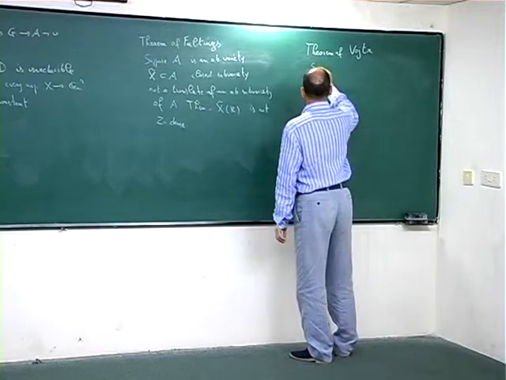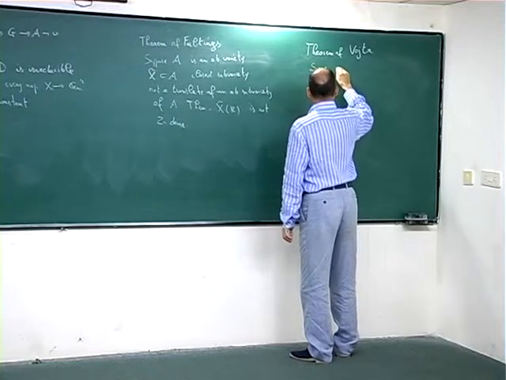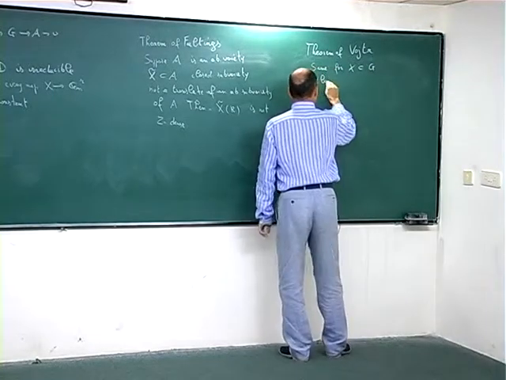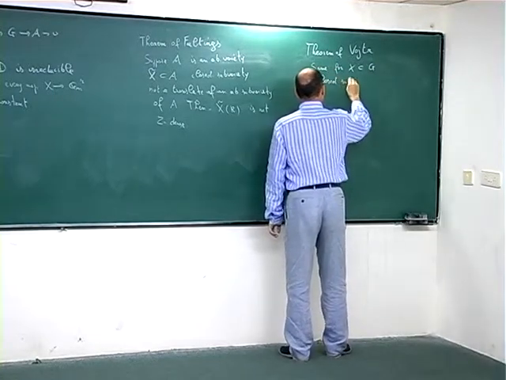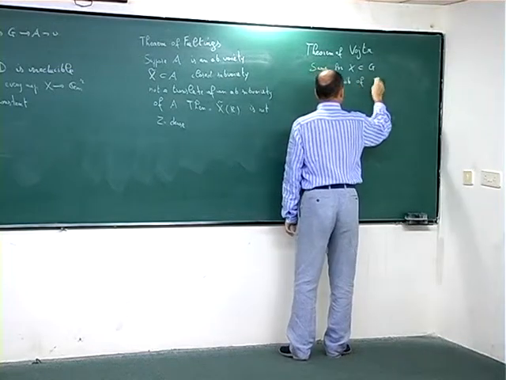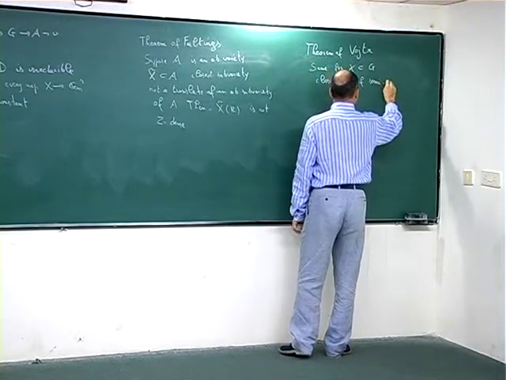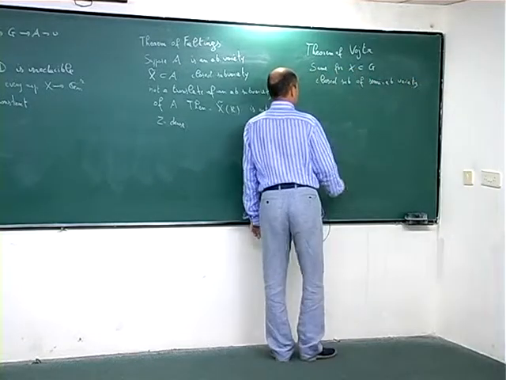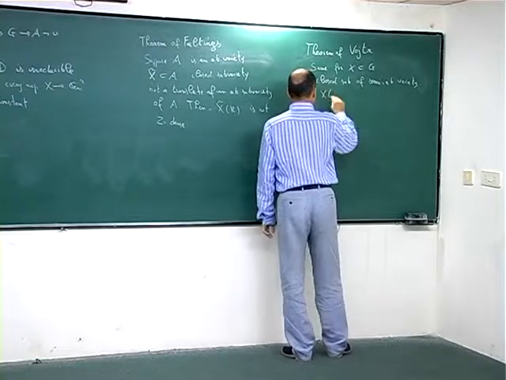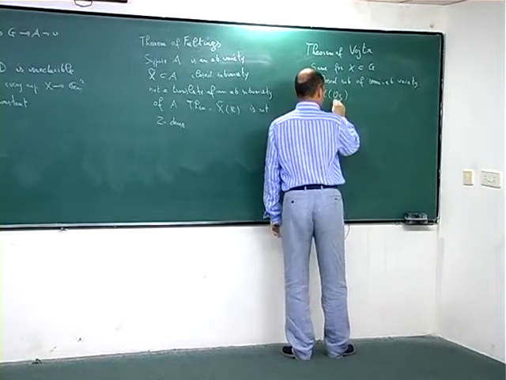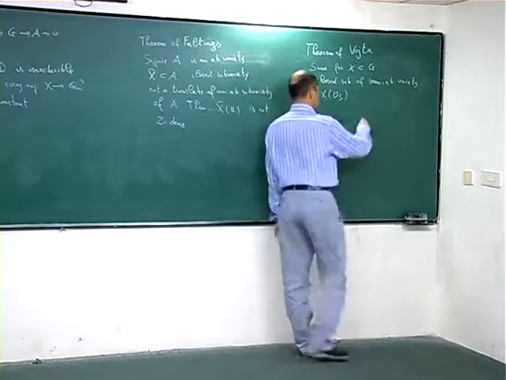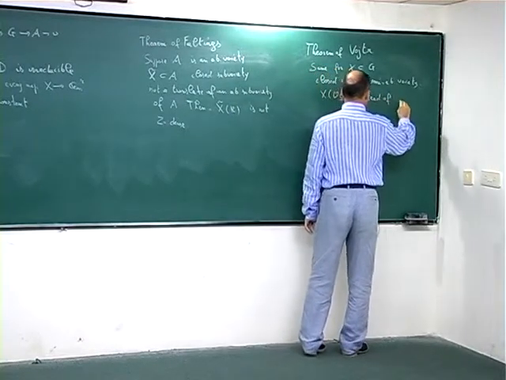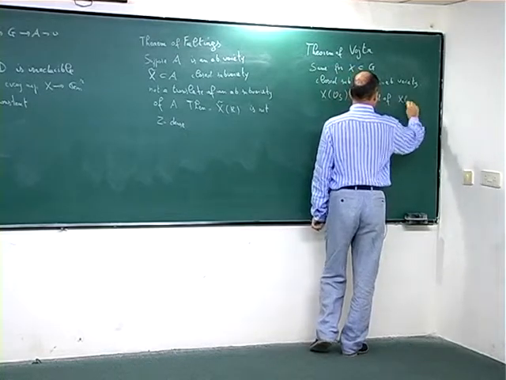So same for X a closed subvariety of a semi-abelian variety, and X(O_S), so integral points instead of X(K). Okay.